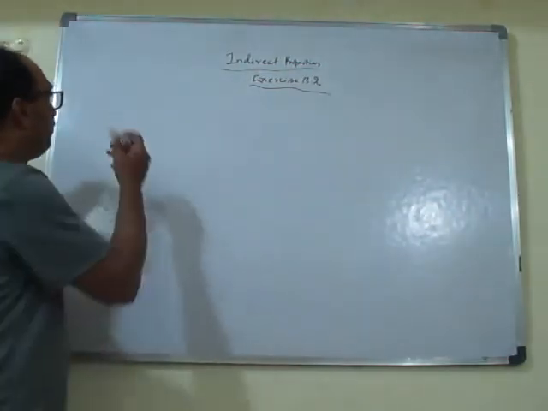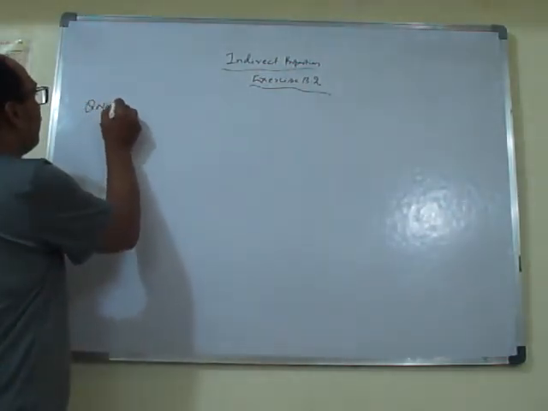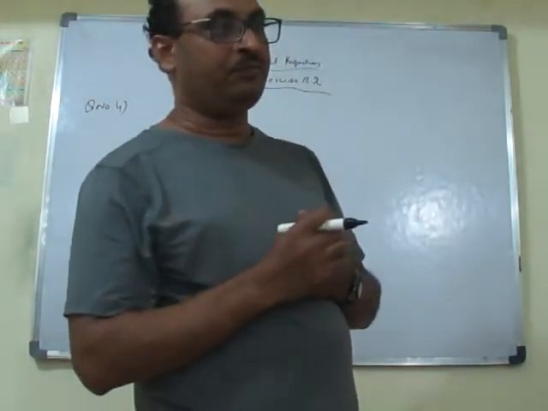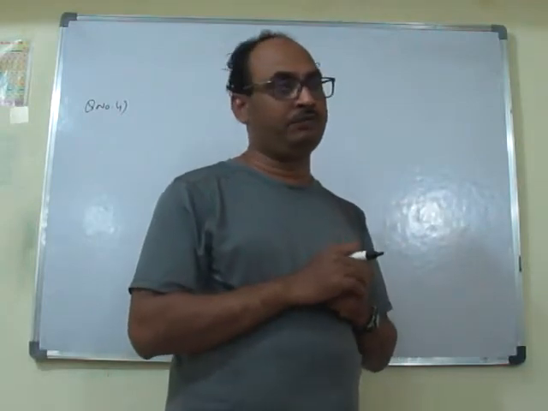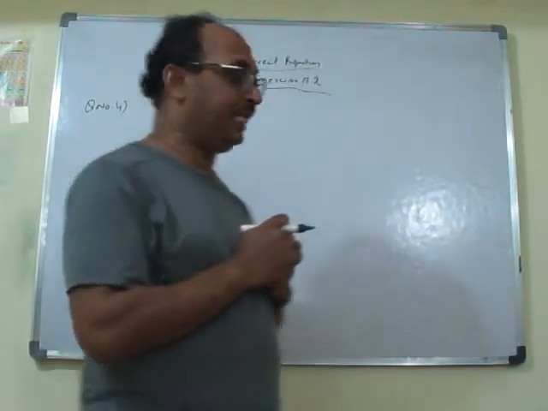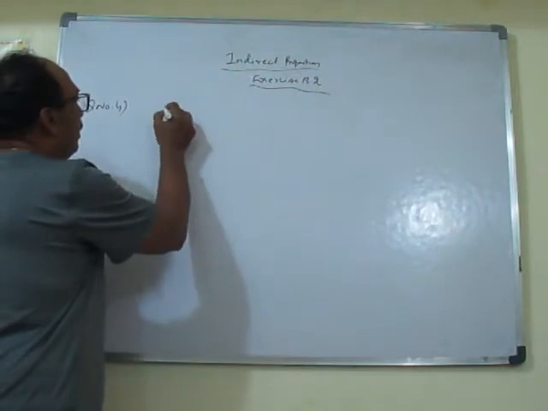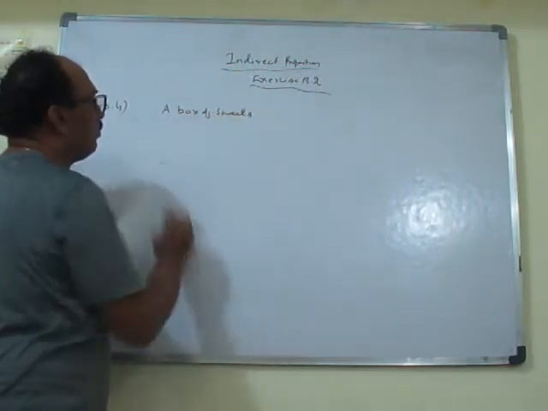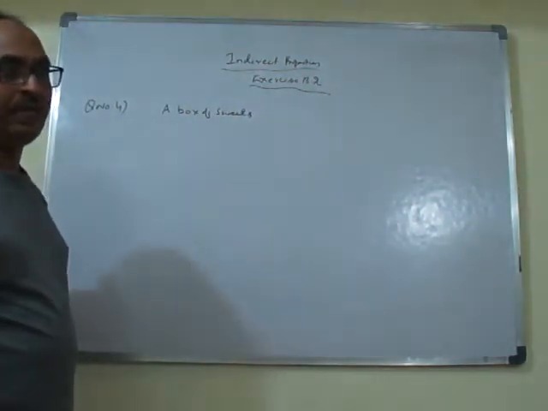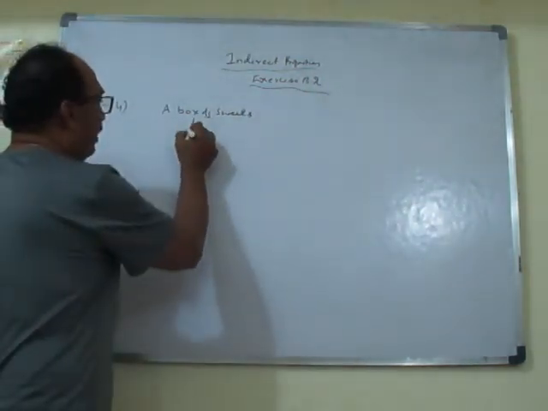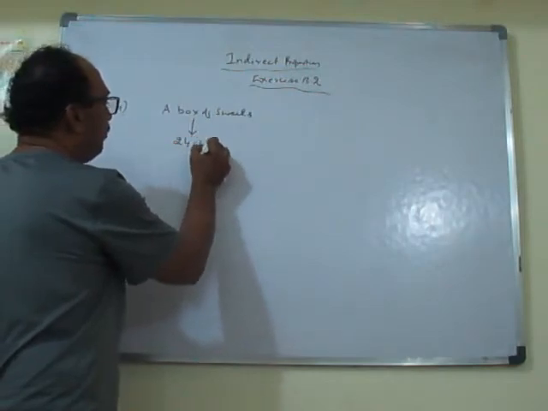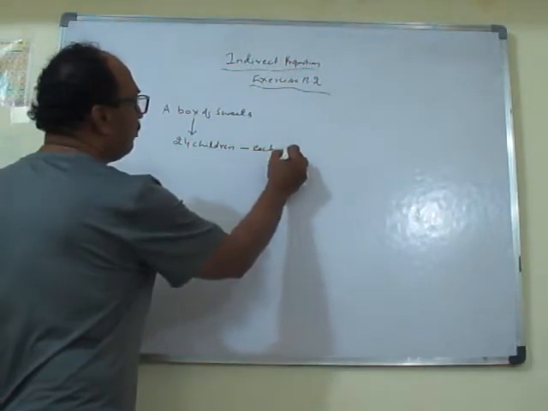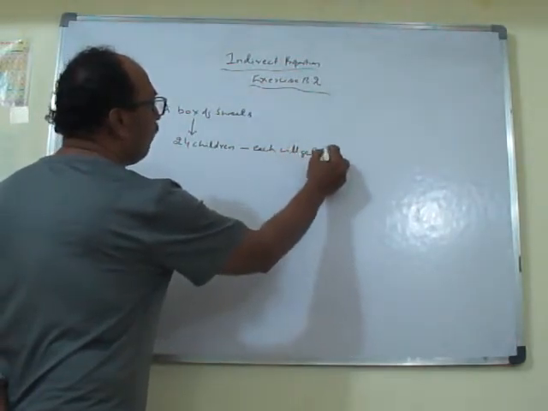Now question number 4. What is question number 4? If a box of sweets is divided among 24 children, they will get 5 sweets each. So there is a box of sweets. Now that sweets are divided among 24 children, then each will get 5 sweets.